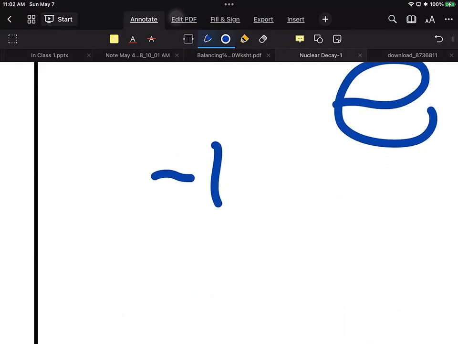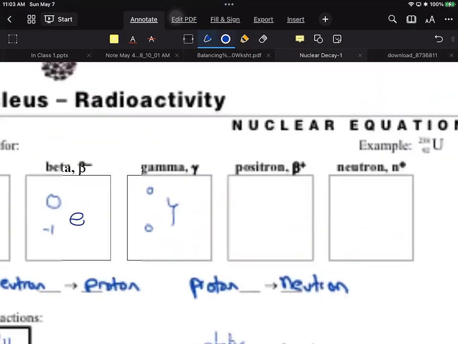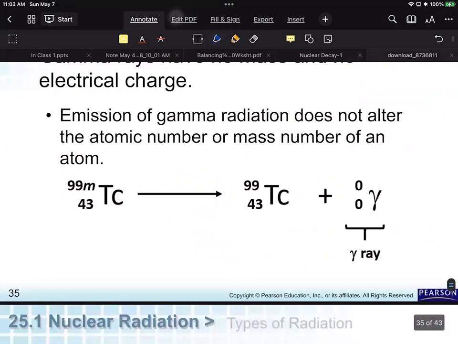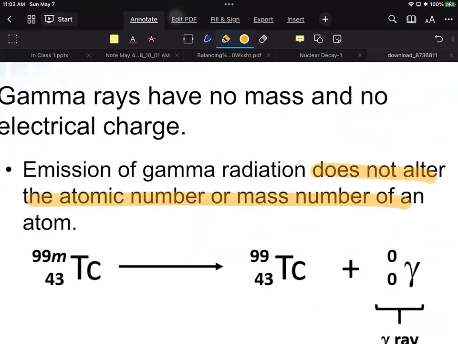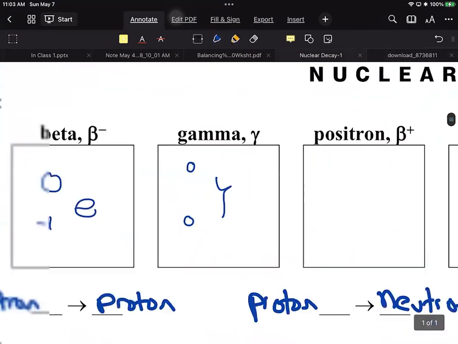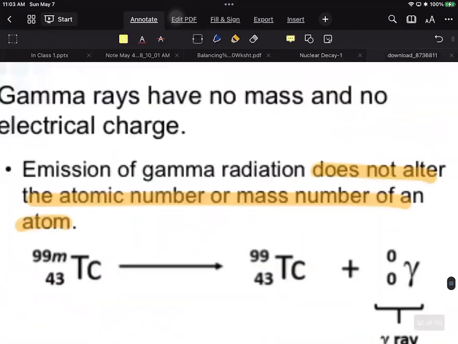Since protons are positive and electrons are negative, -1 is like one electron. Back to gamma: the emission of gamma radiation does not alter the atomic number or mass number of an atom.